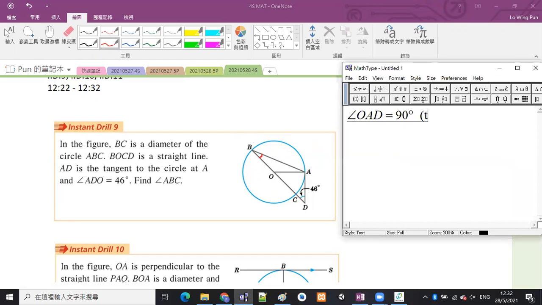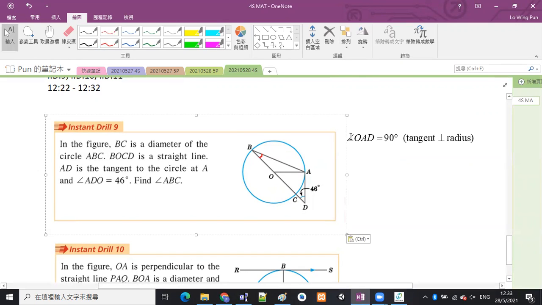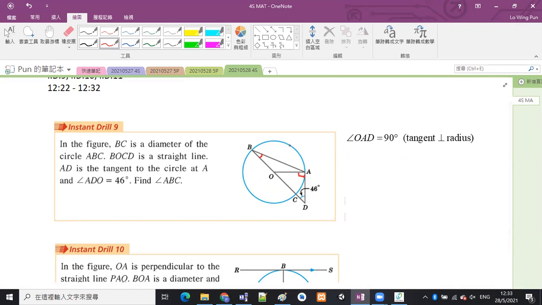Okay, this is tangent perpendicular to radius. Okay, the first line. It's like this. And I want to find that angle. That angle belongs to triangle OBA. And triangle OBA, obviously, it is an isosceles triangle, right?